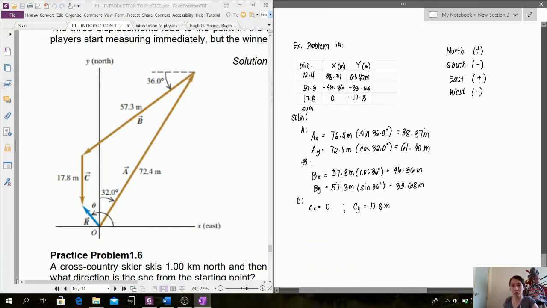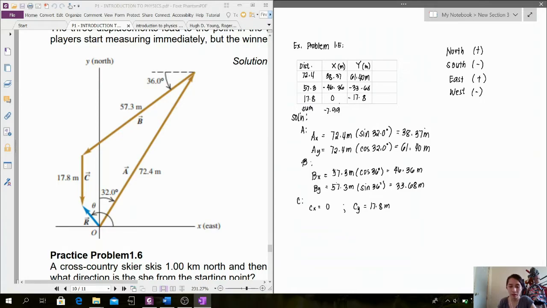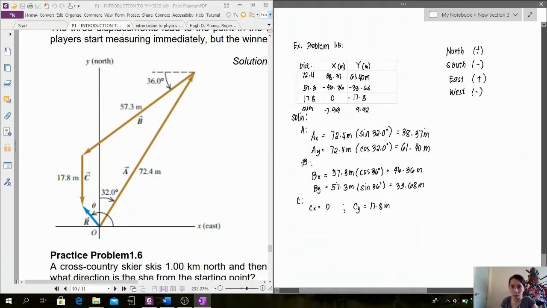So we will just get the sum. When solving for the sum, you have to consider the signs. So 38.37 plus negative 46.36 is equal to negative 7.99 meters. And for the y component, we have 61.40 plus negative 33.68 plus negative 17.8, which is equal to 9.92 meters.